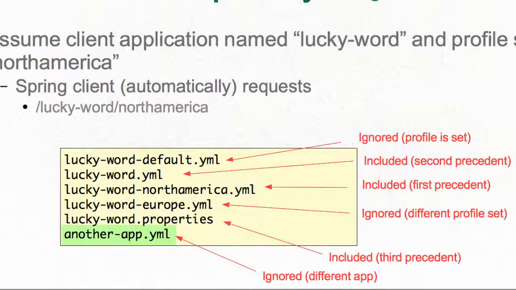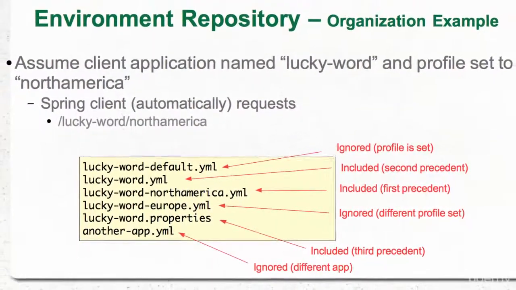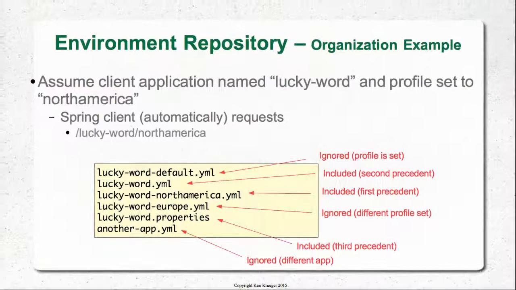And then this other file here, another app YAML, is completely ignored because it doesn't even match the application name. Now there's more to it than I've described here, but this is just the basic idea. You put files in there, regular YAML or property files, name them after your applications and profiles, and there is a very deterministic way in which the properties will be interpreted.